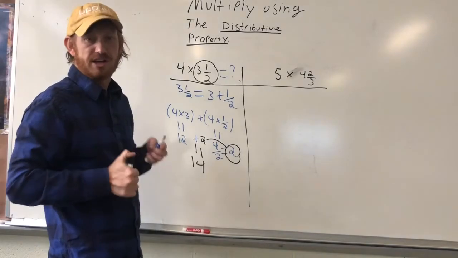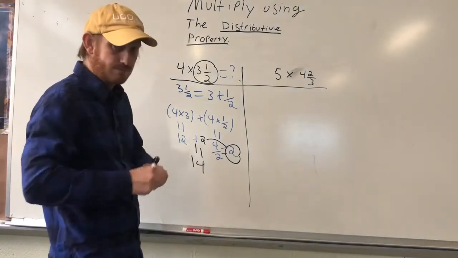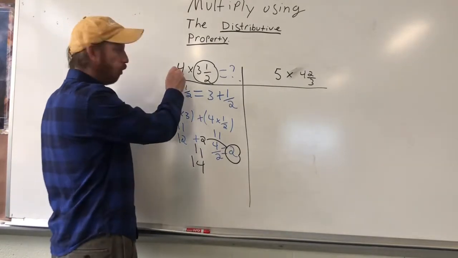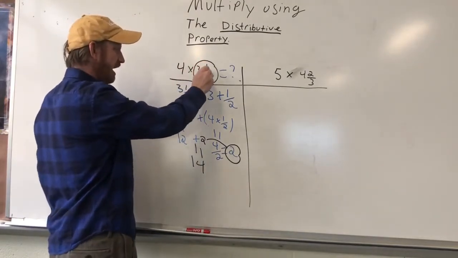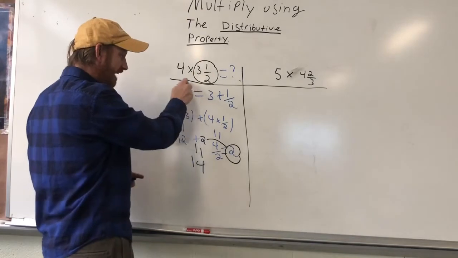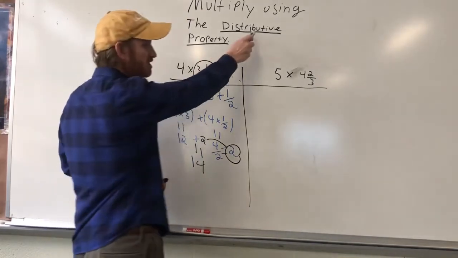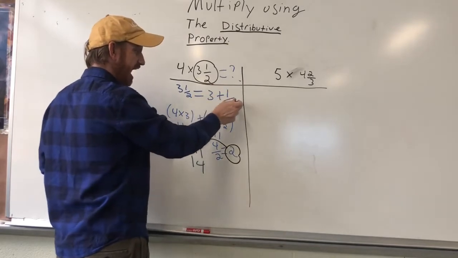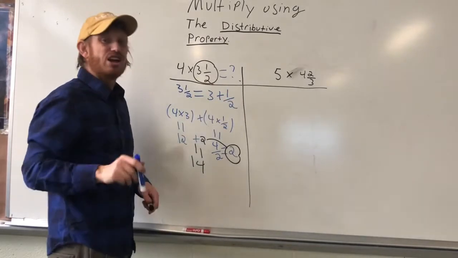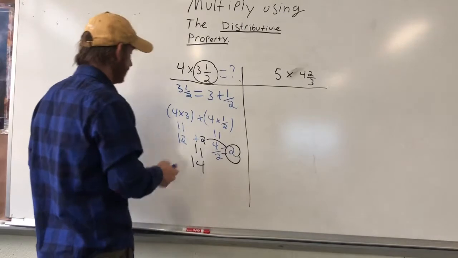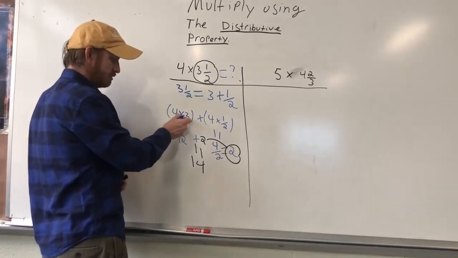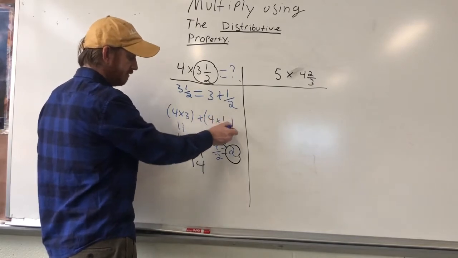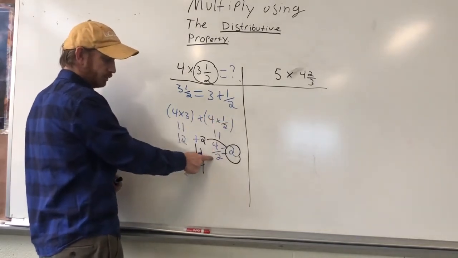And we come to our final answer being 14. So let's review what we just did there. We took 4 times 3 1/2. We broke down the 3 1/2 using the distributive property into 3 plus 1/2. Then, using the distributive property, we did 4 times 3 is 12, and 4 times 1/2 is 4 over 2.